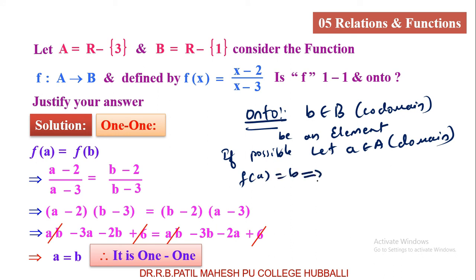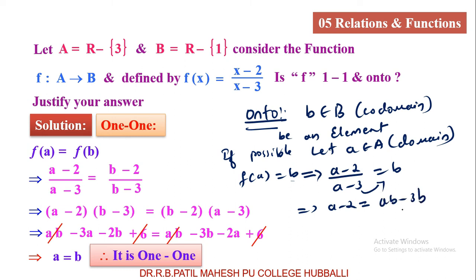For onto, f(a) = (a minus 2) upon (a minus 3) equals b. I will solve for the value of a. a minus 2 equals, if I take a minus 3 here, ab minus 3b.